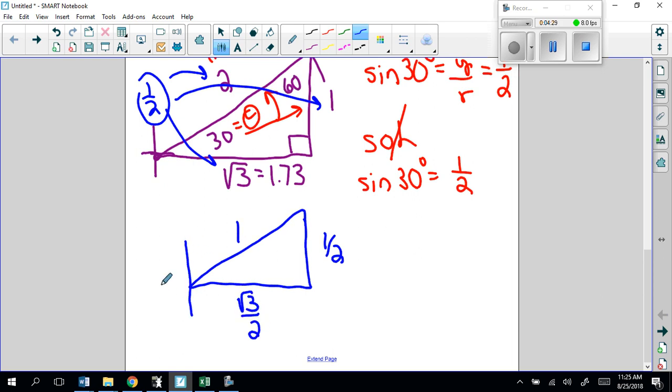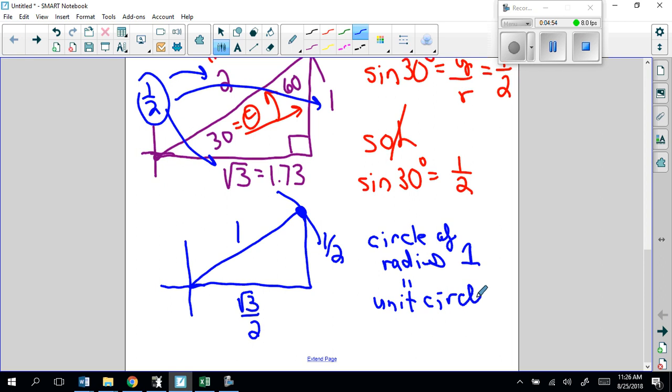And what we're going to do is say we're on the circle of radius 1. So we're on a circle of radius 1. The words radius 1 implies unit circle. That's all the unit circle is, a circle of radius 1.